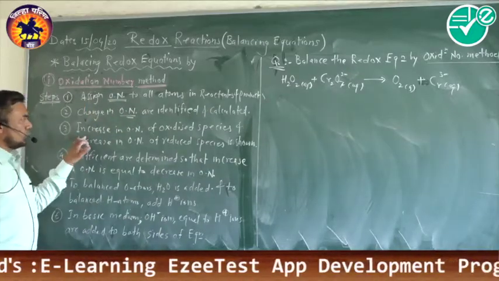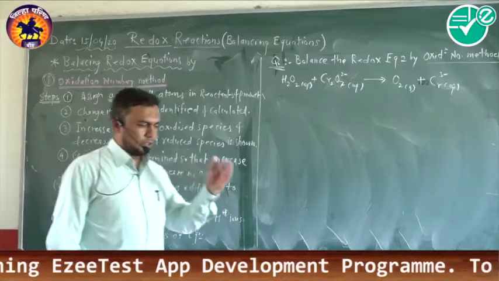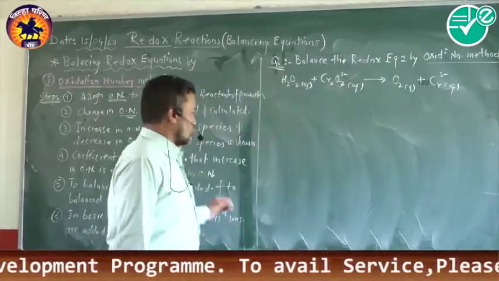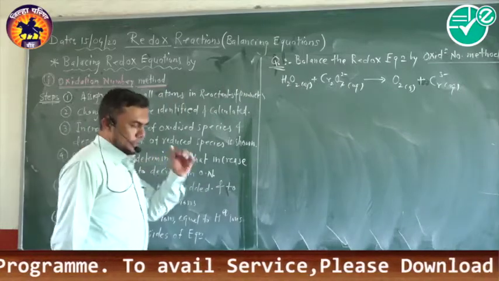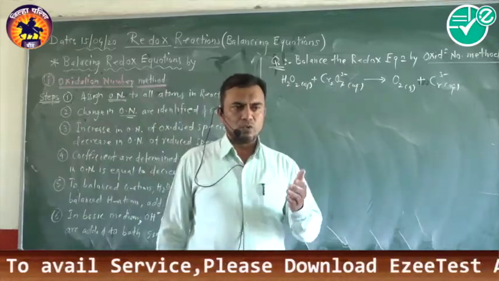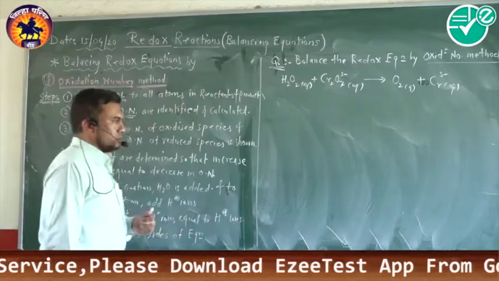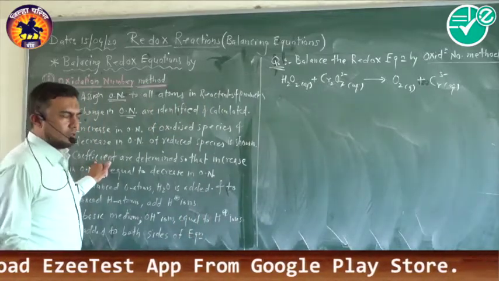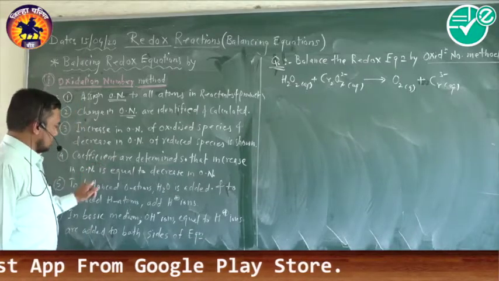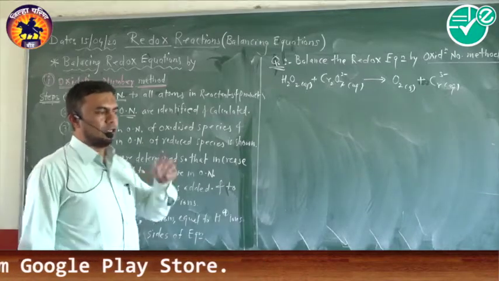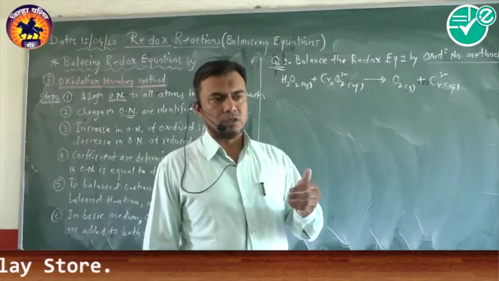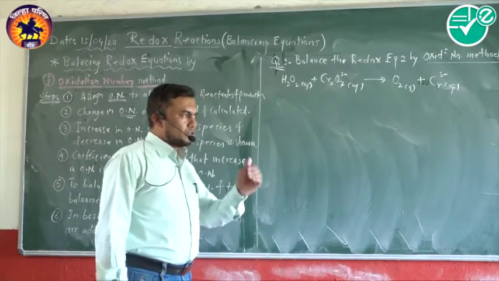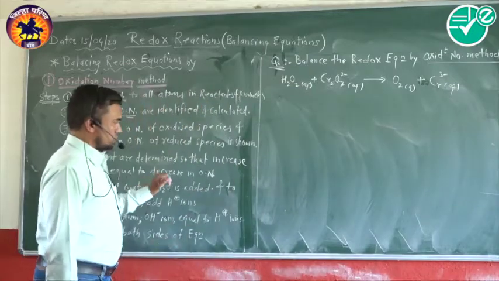Then we look at the oxidation number increase by the oxidized species and the oxidation number decrease by the reduced species. Then we determine the coefficient so that the increase in oxidation number by the oxidized species is equal to the decrease in oxidation number by the reduced species.